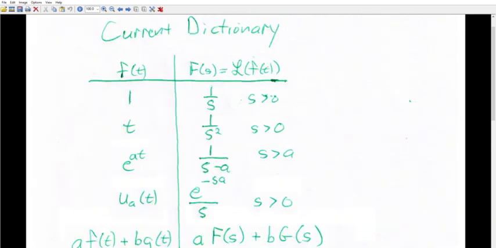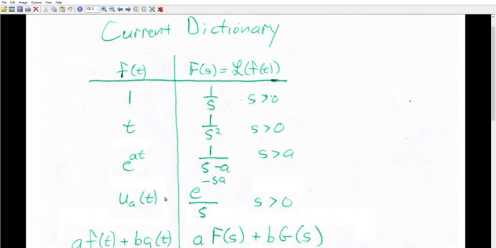Let's have a look at our current dictionary, our translation of functions of t into functions of s. So we know that 1 translates to 1 over s for s bigger than 0. t translates to 1 over s squared for s bigger than 0. e to the at translates to 1 over s minus a for s greater than a.